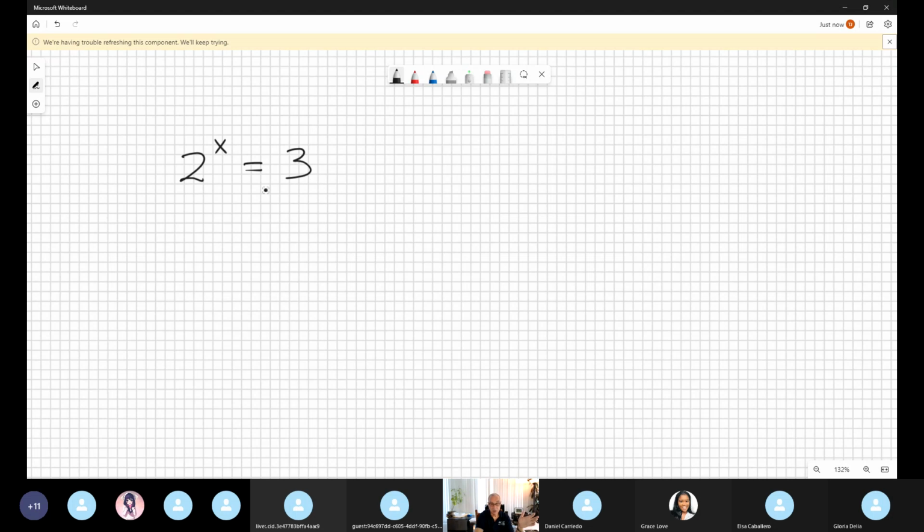Because 2 is 2, but 3 is impossible to write as an exponent using base 2. So there is no common base. And we have no solution? Yeah, we have a solution. Of course, we use a new idea, a new idea I want to study.